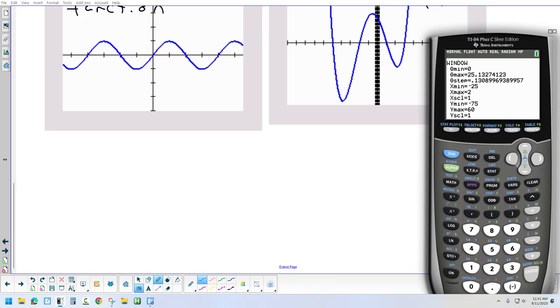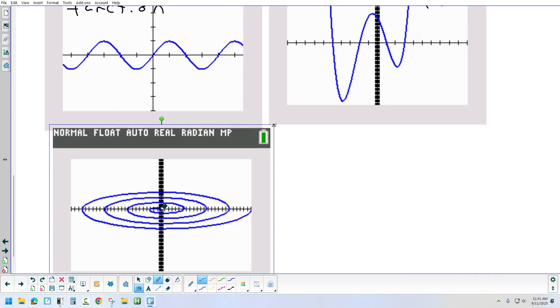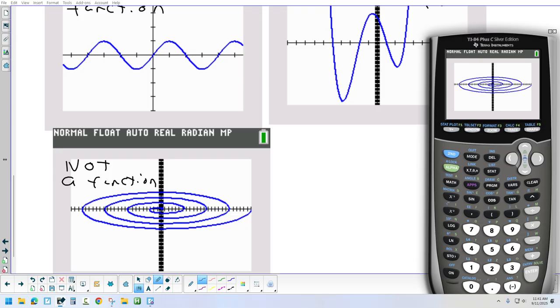But I think you can still see what it is I want you to see here. Okay, how about that one? Is that a function? Definitely. No, not a function. Okay, that fails the vertical line test, because you can draw a vertical line and it hits it more than once. So, not a function.